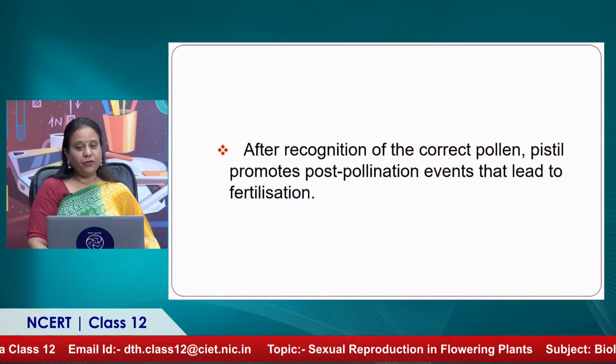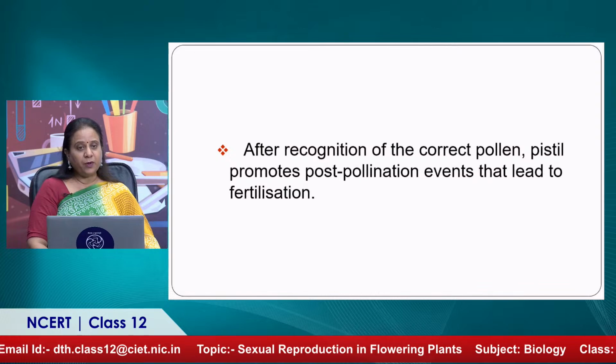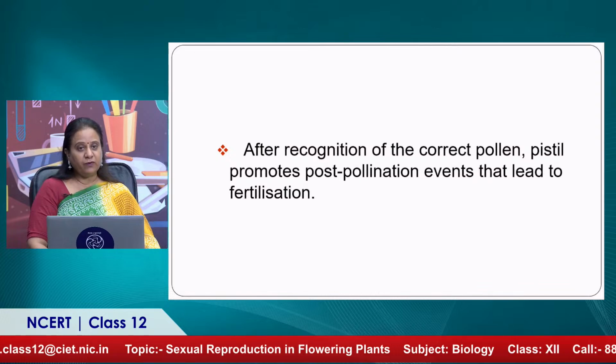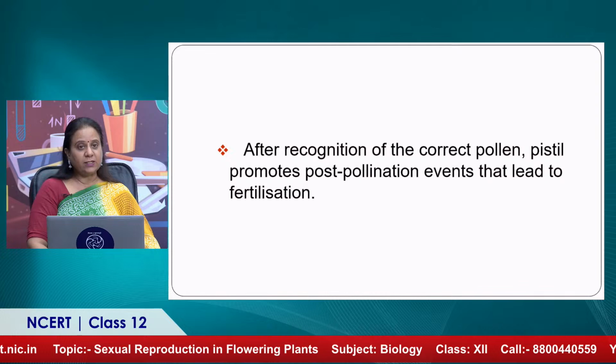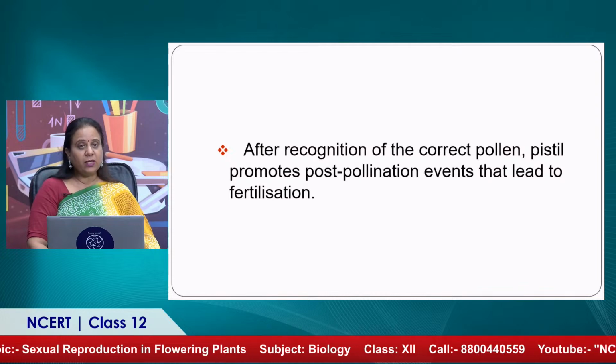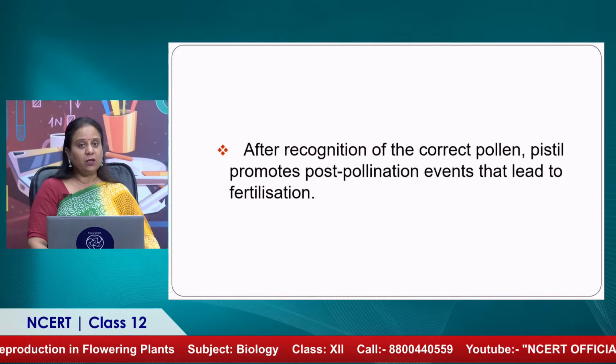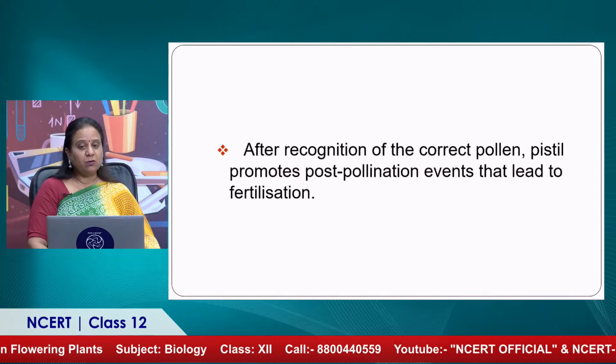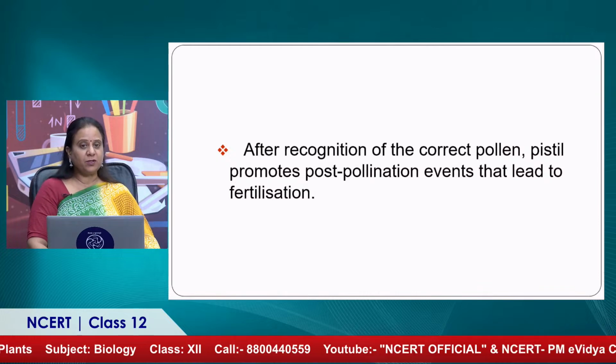After recognition of the correct pollen, pistil promotes post-pollination events that lead to fertilization. So fertilization के लिए pollination correct होना is very necessary. So the recognition of the correct pollen is very much required.